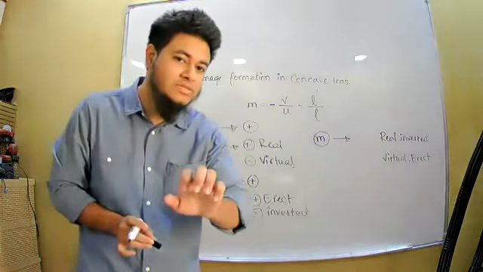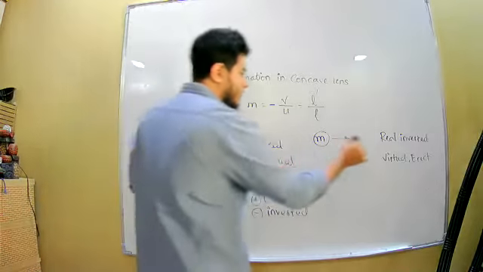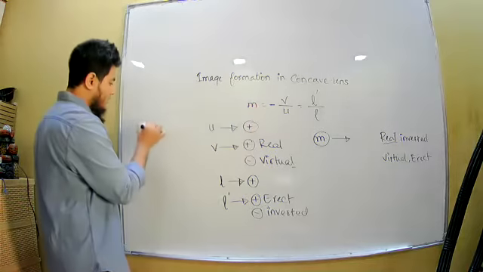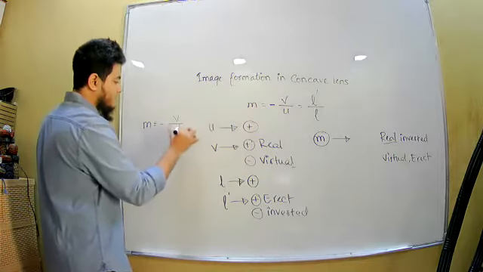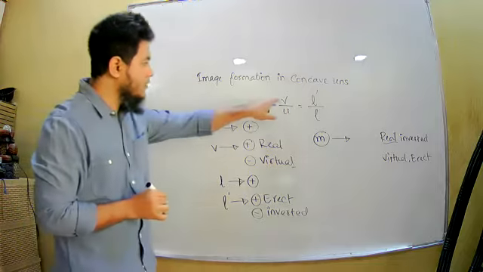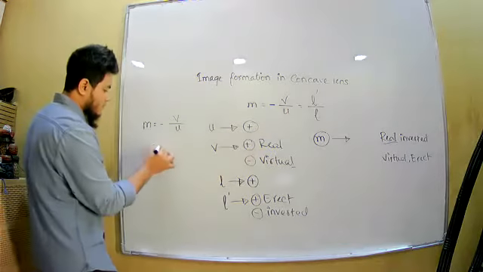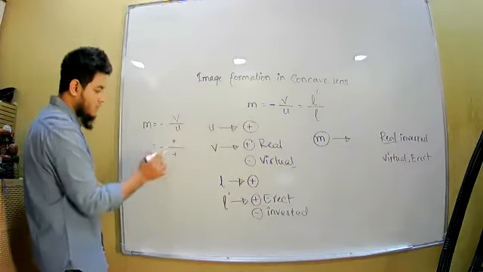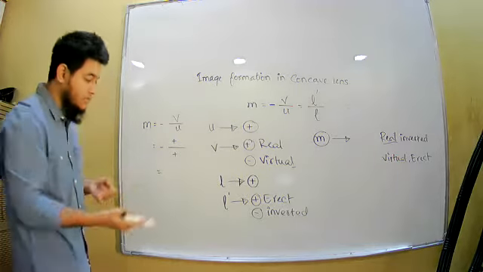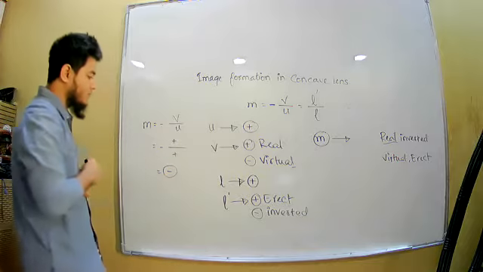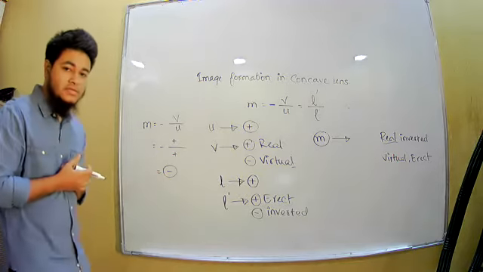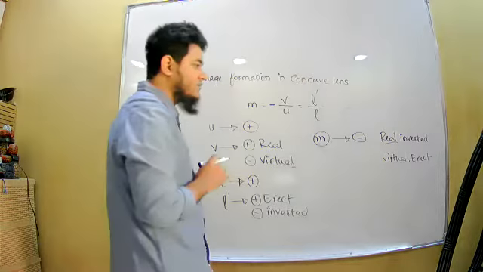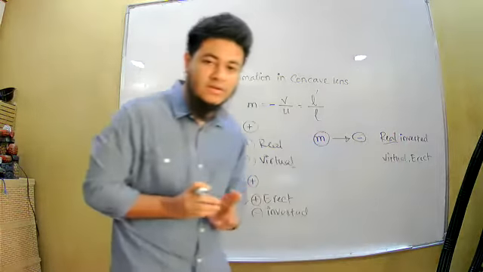If our image is real, then what will happen? Put m is equal to minus v by u, as we know. So this v will be positive, as it is real, and u is also positive. So positive by positive will be positive, then positive into negative will be negative, right? We get the value of m as negative. So know that magnification will give you a negative value when the image is real and inverted. Clear?